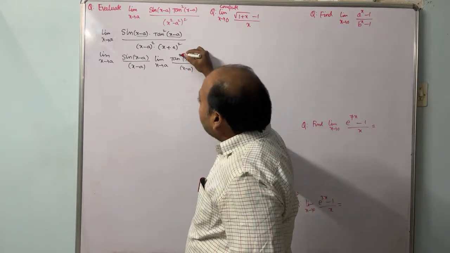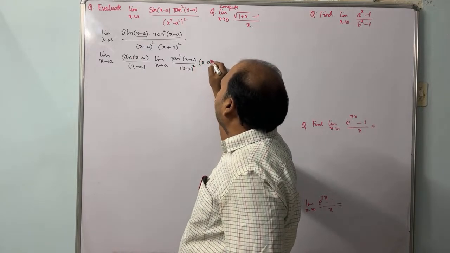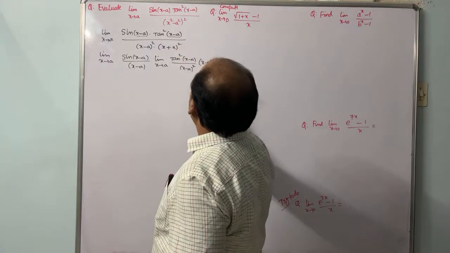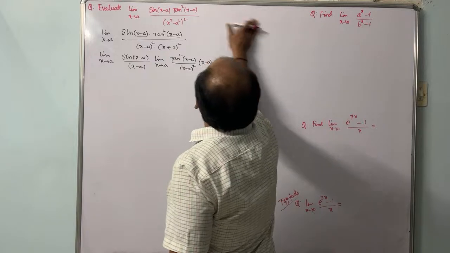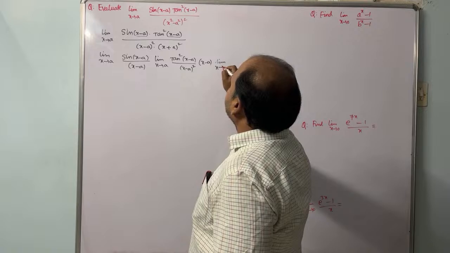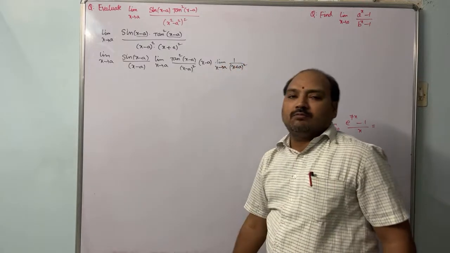And I want, but here tan square is there, means here also to get the square, multiplying and dividing by x minus a. The rest of the term is x plus a whole square, as it is we are writing. We'll discuss later this question, no problem. Into limit x tends to a 1 by x plus a whole square.